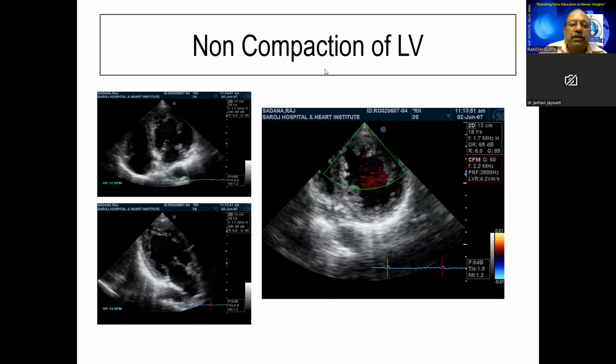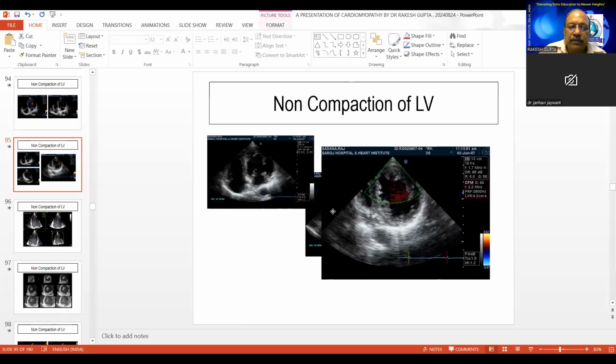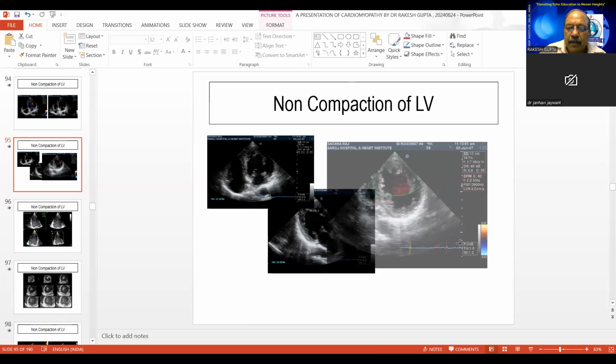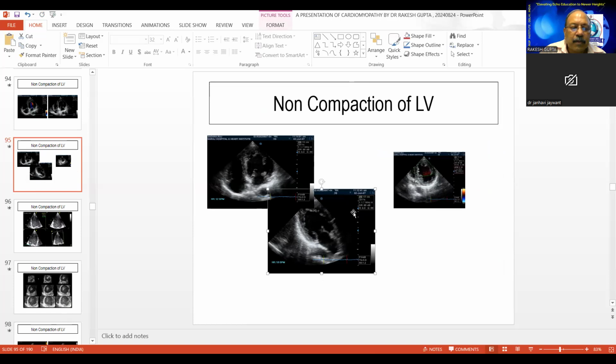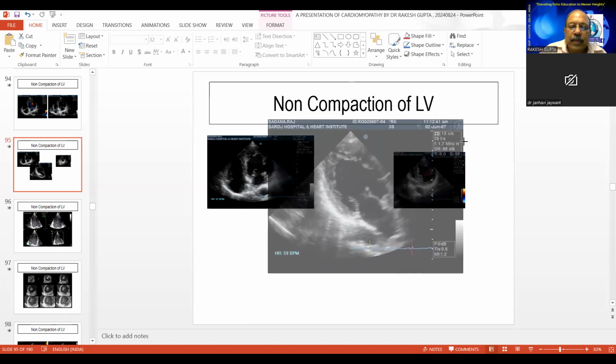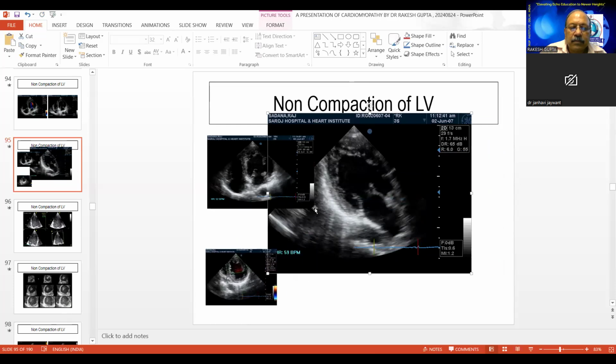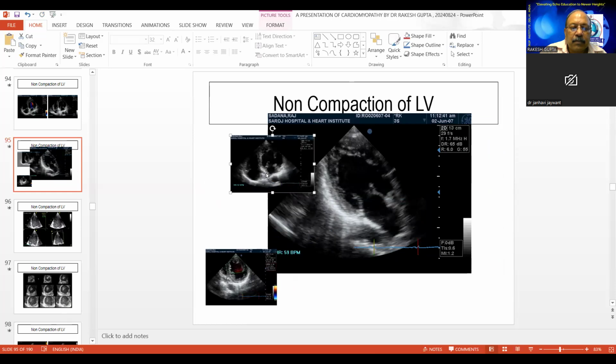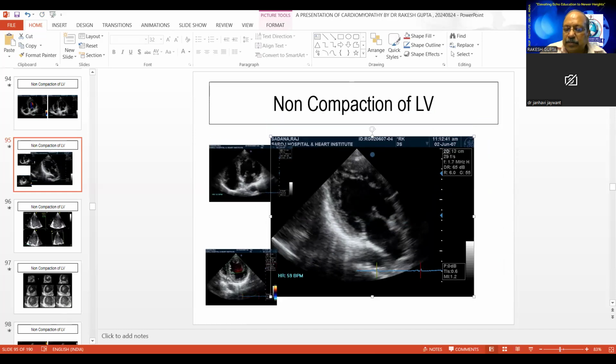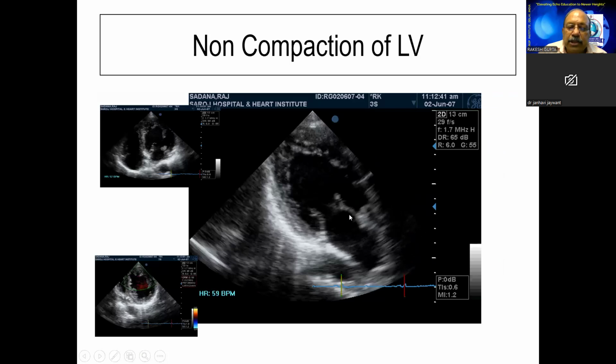Look at this picture. If you happen to see multiple thrombi in LV, look at this picture over here. Let me just zoom it for you. Can you see this picture? Yes, sir. This is a two-chamber view. Look at the bases which are spared.